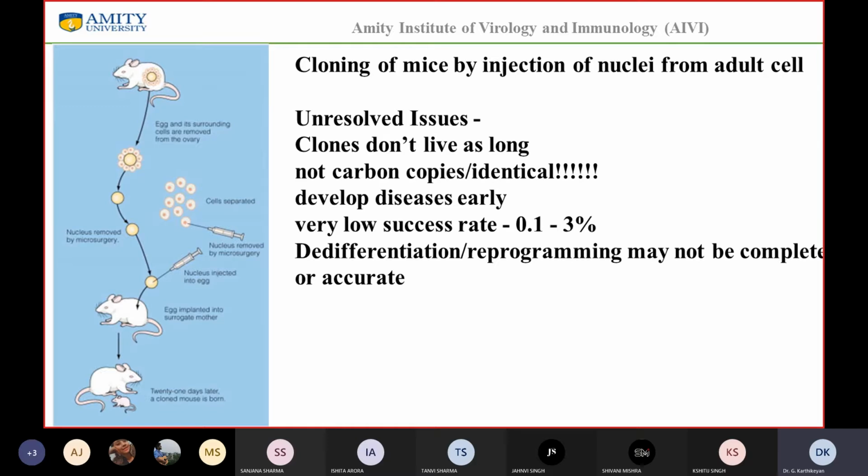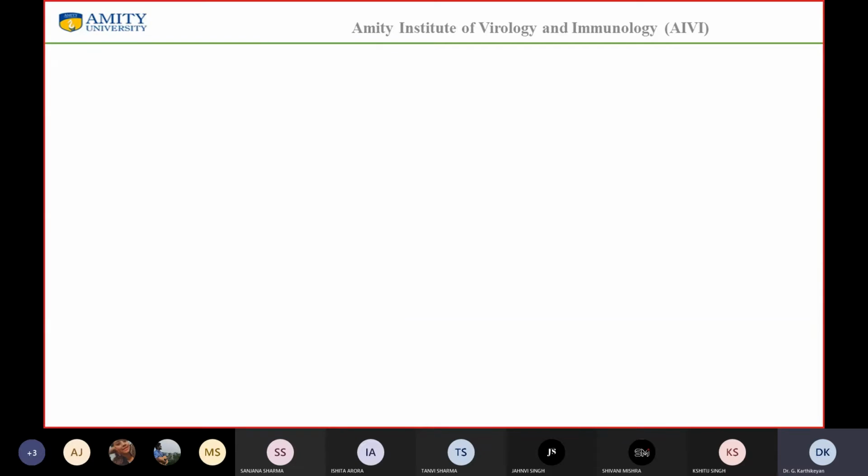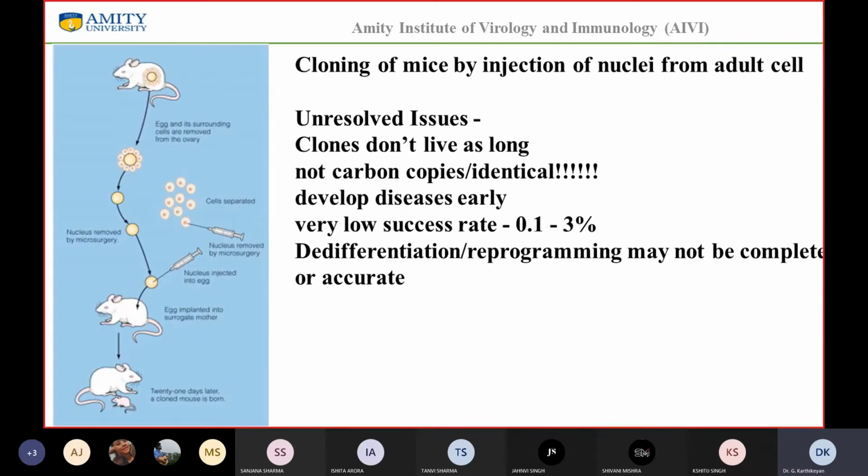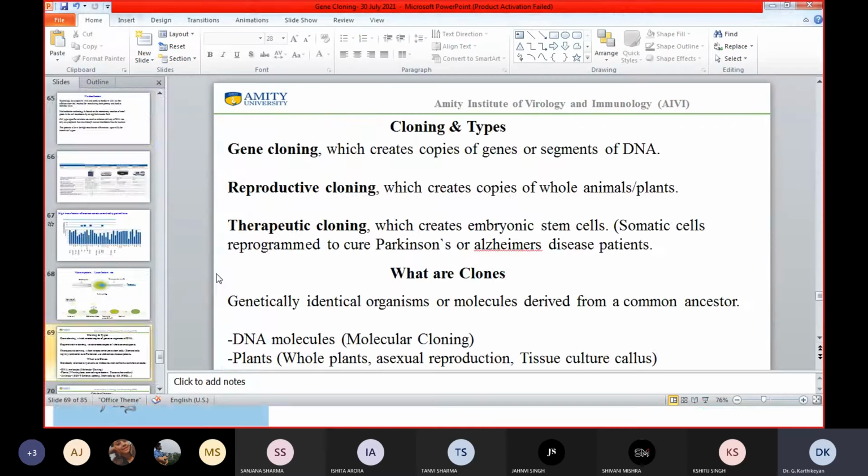Sometimes this reprogramming may not be complete or may not be accurate, and that is one reason why the clones may not be identical. It is also possible that this could be one of the reasons why the clones may be suffering from some kind of disease. Okay, so we will look at a short video.